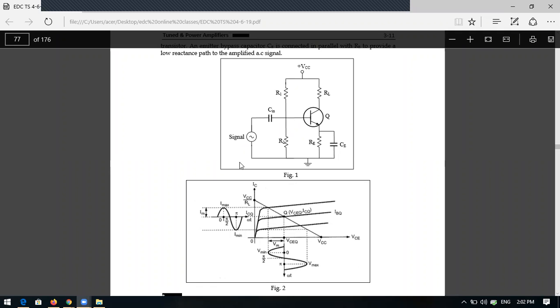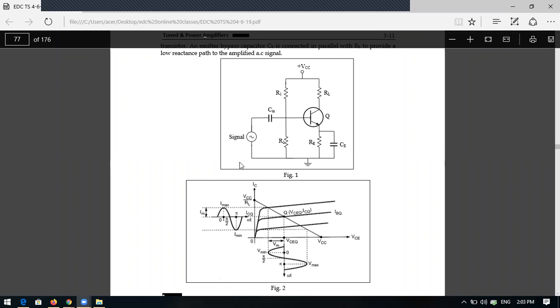So less efficient, okay, but is distortion present or not? No distortion, sir. So what is the reason? The reason is that in a class A amplifier, the conduction angle is 360 degrees. That means the shape of the output signal is the same as the shape of the input signal. If the shape of the output is equal to the shape of the input signal, there is no distortion. If the shape is different from your input side, then you call it distortion.